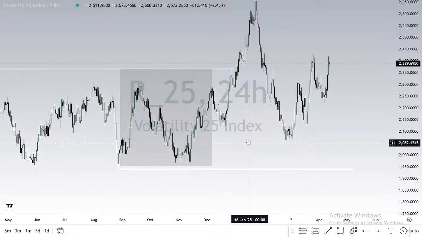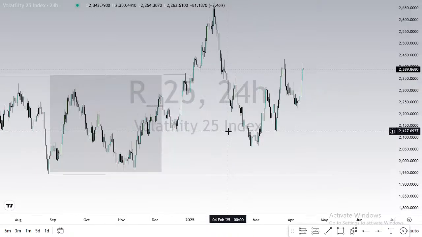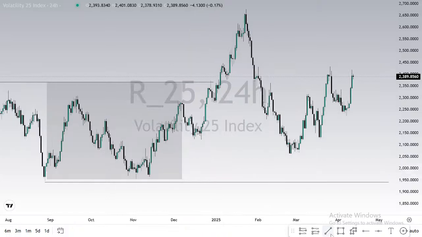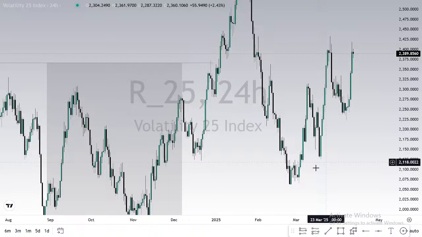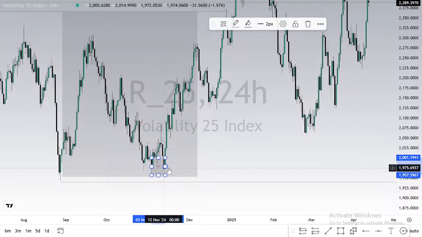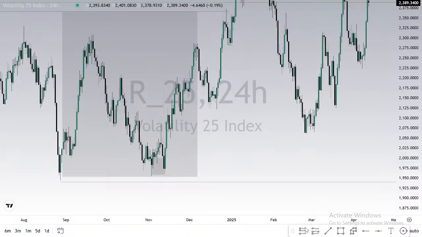So I'm going to be looking at possible POIs and see if where market is currently reacting to is a valid zone. Okay, you can see that our primary area of interest has been tested. Our primary POI has been tested, which is the sponsored candle, and we now have a break to the upside.